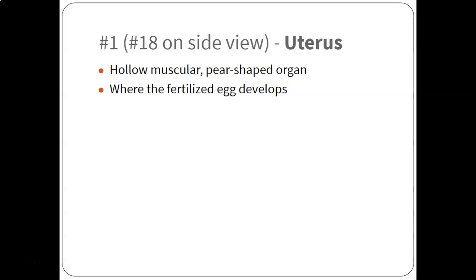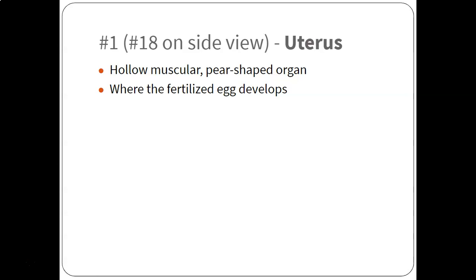The woman gets contractions of the uterus, and those contractions are those muscles contracting, the uterine muscles, to expel that baby. Those contractions are the same muscles and the same contractions as when a female has her period and she has cramps.